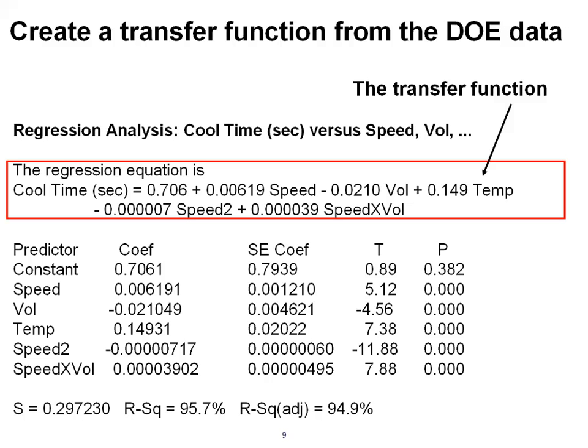The ambient temperature, and in addition, due to some physics, to the fan laws, the speed of the fan squared was an important driver to cool time, as well as an interaction between speed and volume, the fan speed and the sample volume.